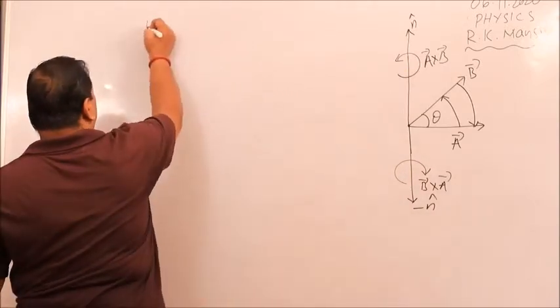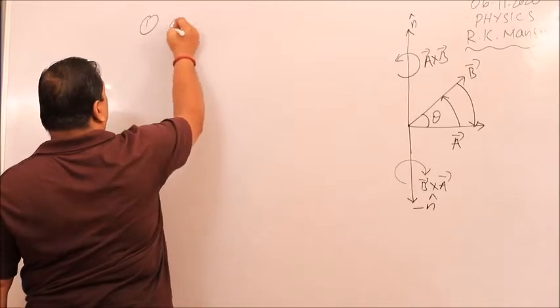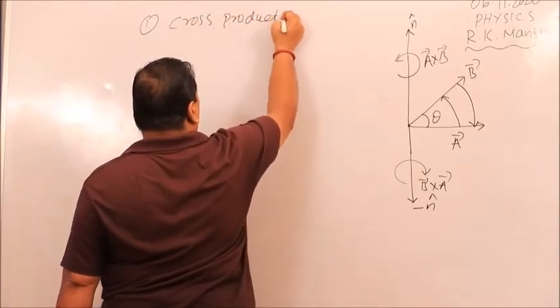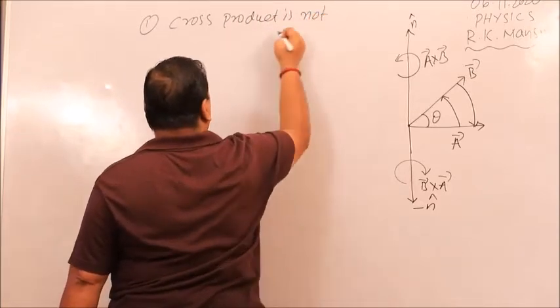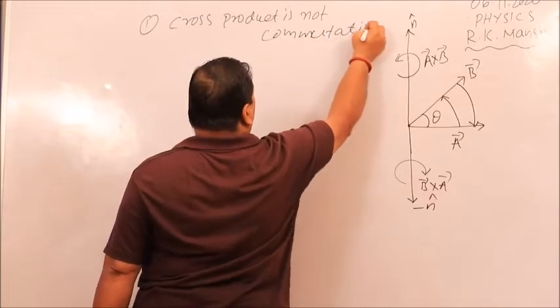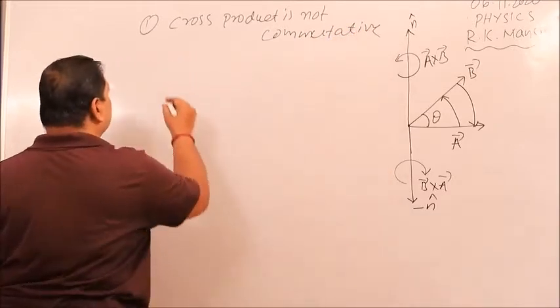So the first property of the vector quantity, cross product, is that it is not commutative, but dot product is commutative. Cross product is not commutative.